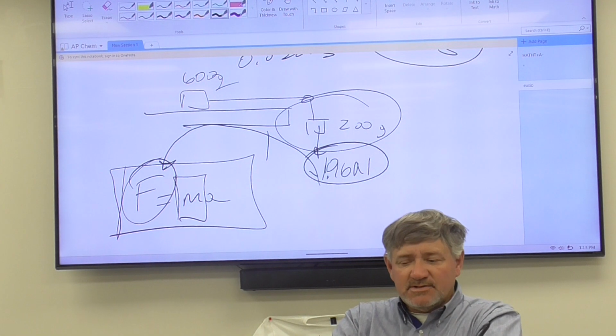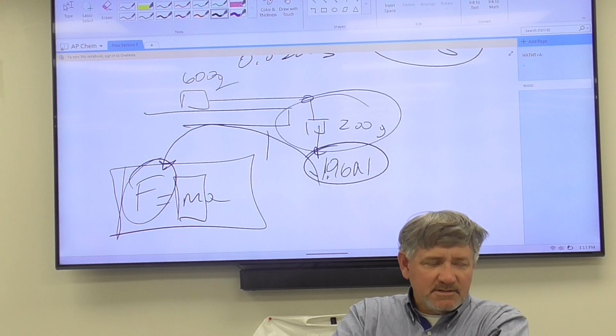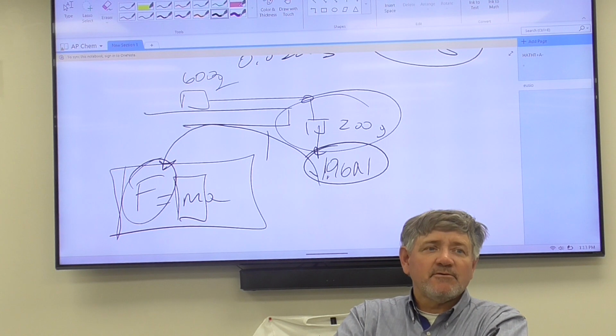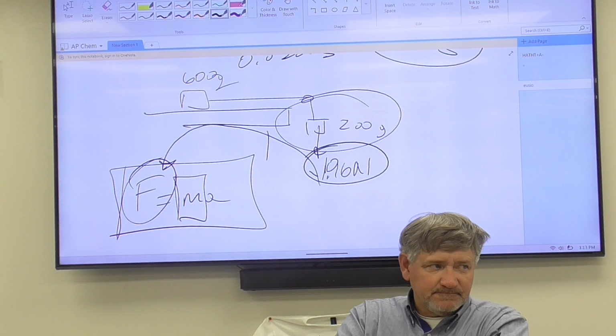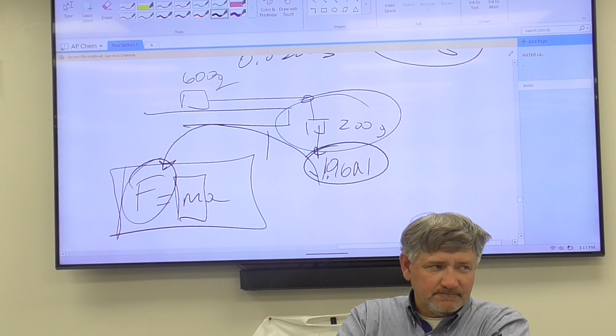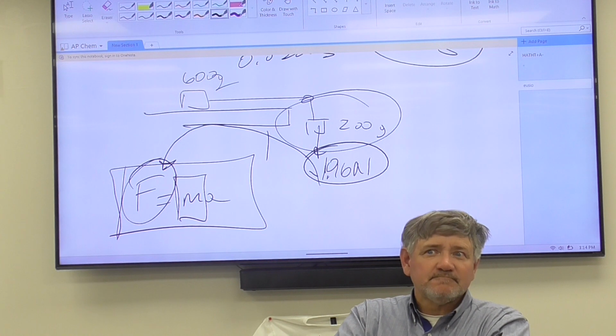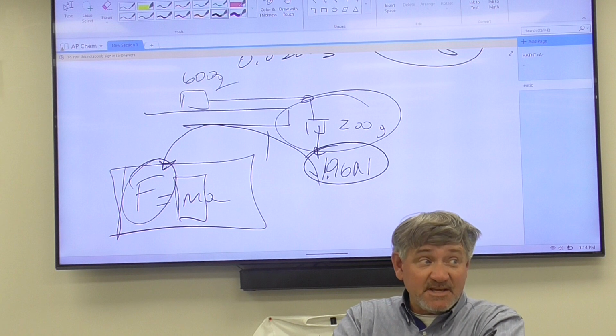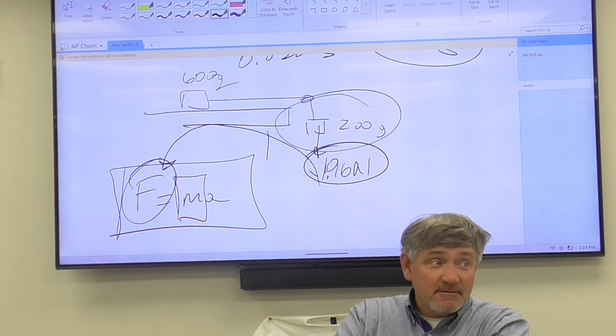Charles, do I use the 200 gram, the 600 grams, or the combined mass? Combined mass, because it's all the mass in the system total, which is resisting a change in motion.